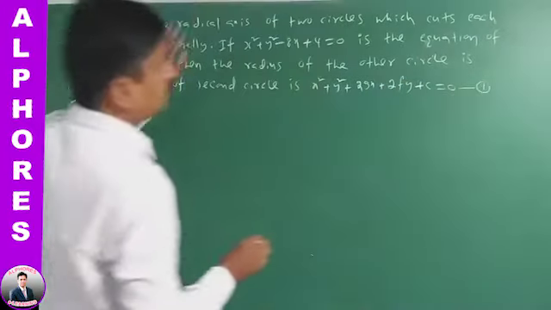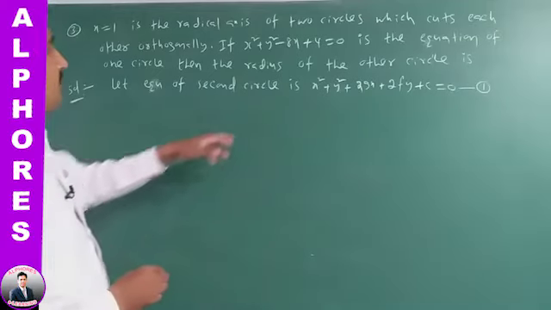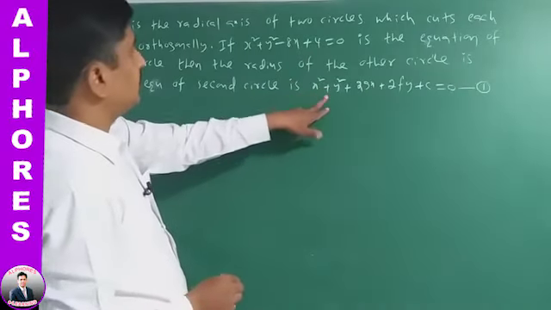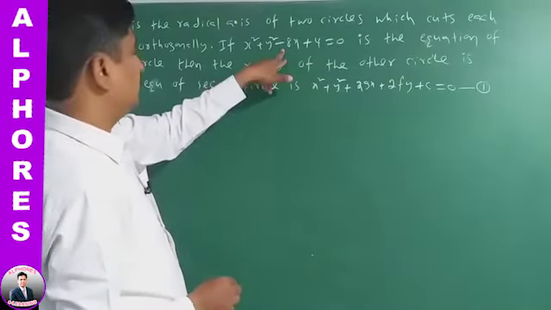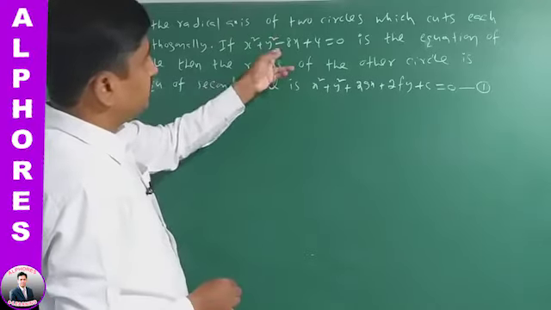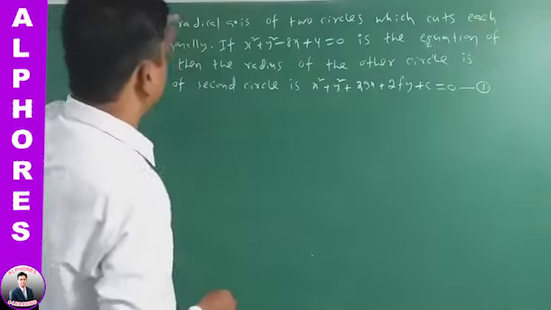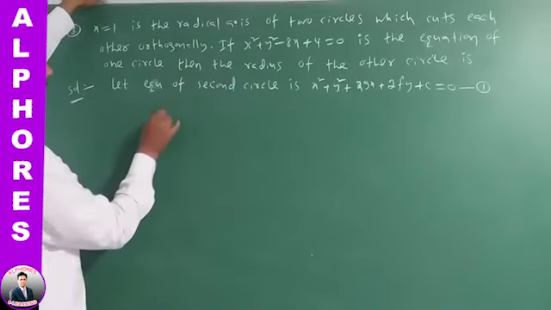That will be equation number 1. The question: the radius of this circle is what? This circle cuts the given circle orthogonally, and the radical axis of these two circles is given as x equal to 1. Next, the given circle.